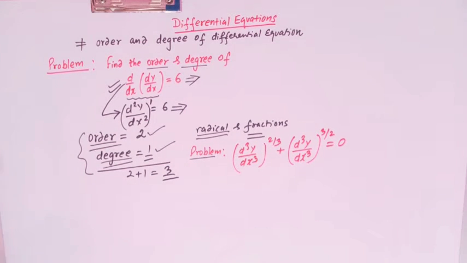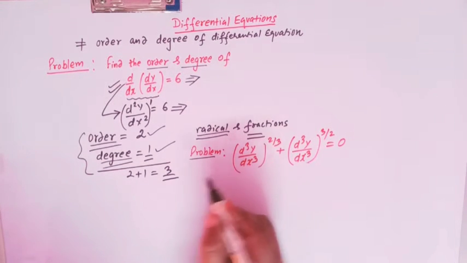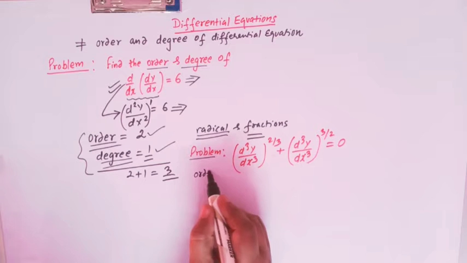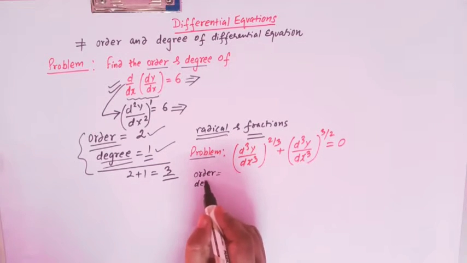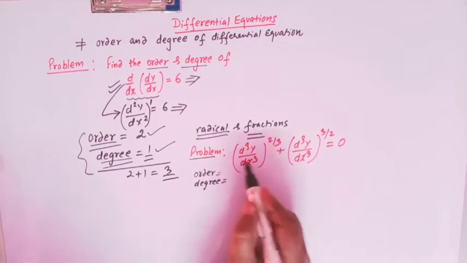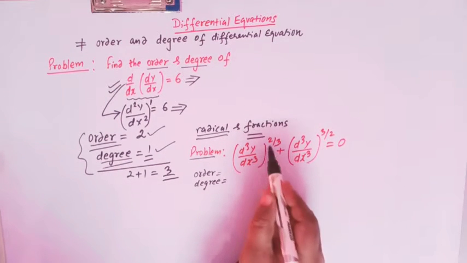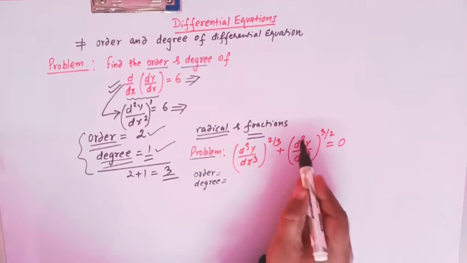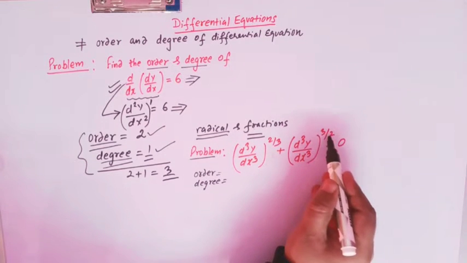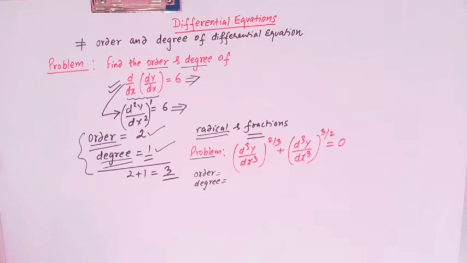Now viewers, let us take one more important problem. Here we have to find the order and degree of this differential equation, which is (d³y over dx³)^(2/3) plus (d³y over dx³)^(3/2) equal to 0, right?